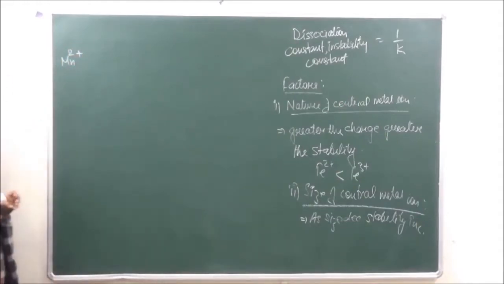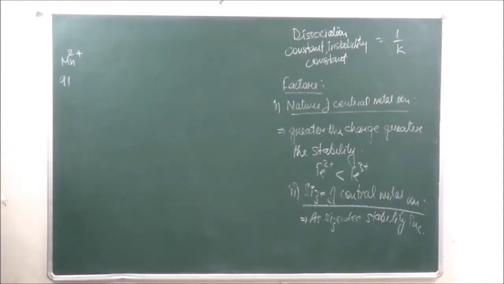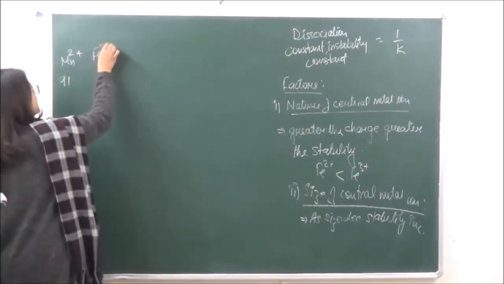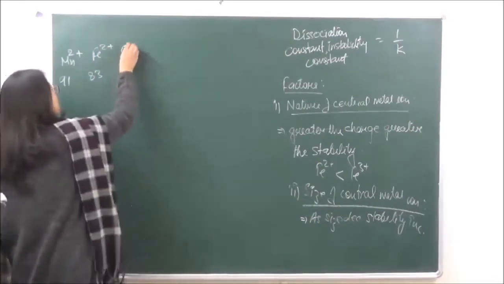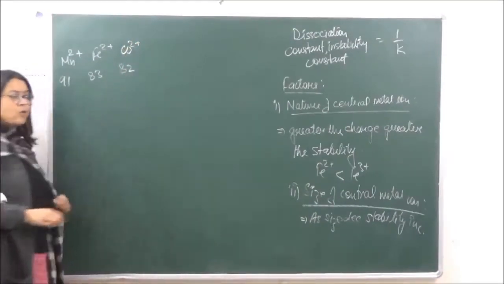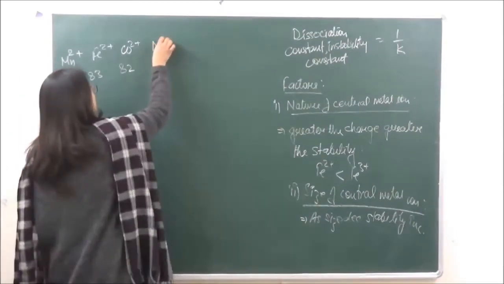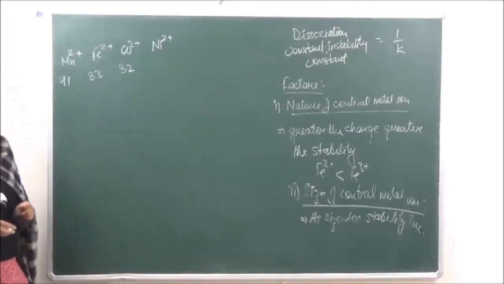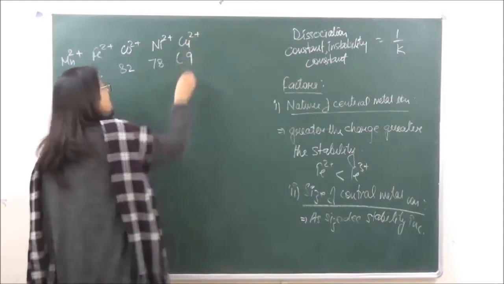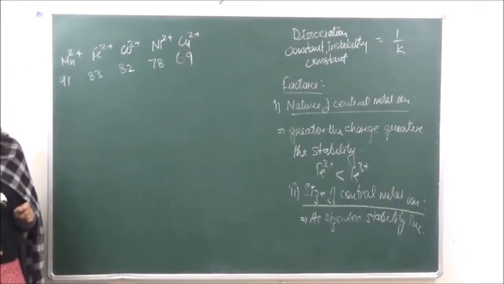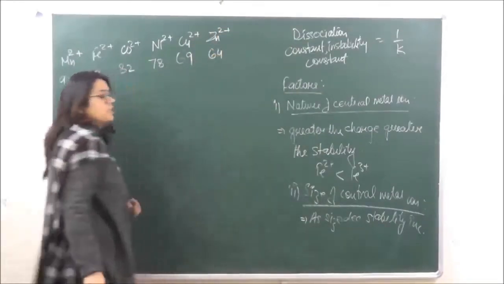We have Mn2 positive, which has a size of 91 picometers. Then we have Fe2 positive, which has a size of 83 picometers. Then we have Co2 positive, 82 picometers. And then we have Ni2 positive, which has a size of 78, then Cu2 positive, which has 69, and then Zn2 positive, 64.